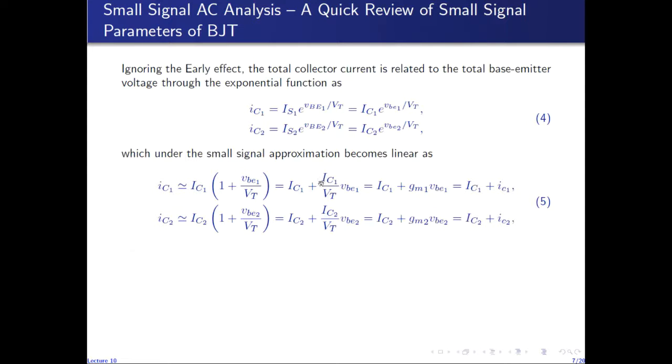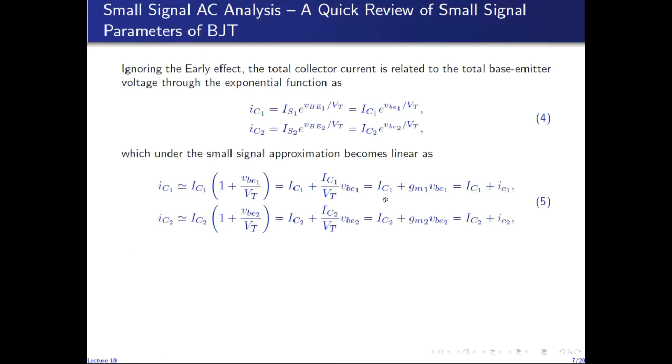And then we call this, because this is the contribution due to the DC voltage, the DC value of the collector current. And we call the second term, because this is the contribution due to the small signal base emitter voltage, the small signal collector current.